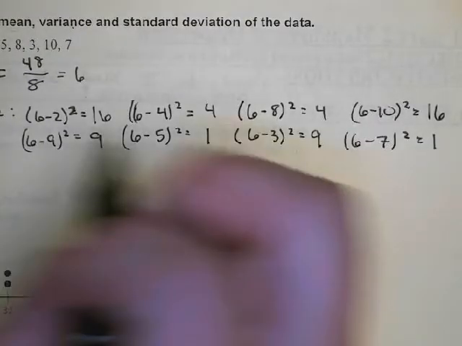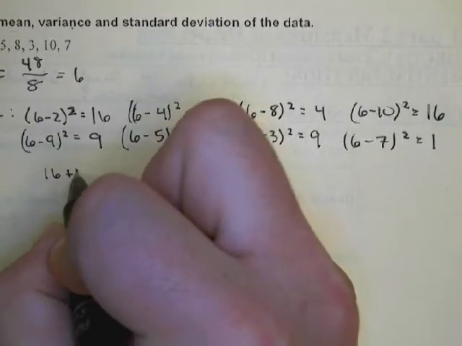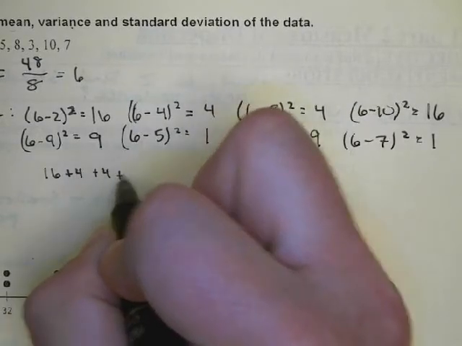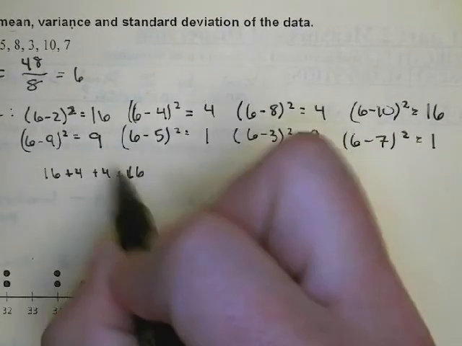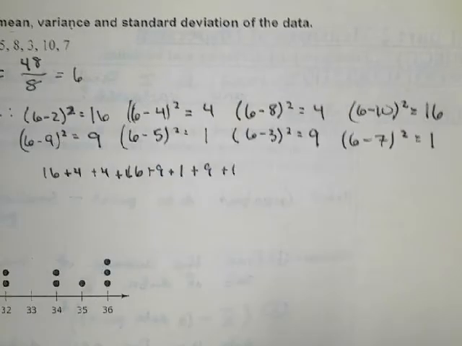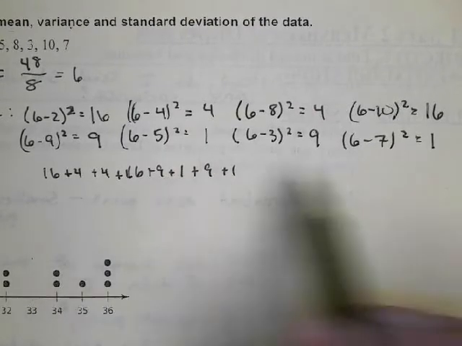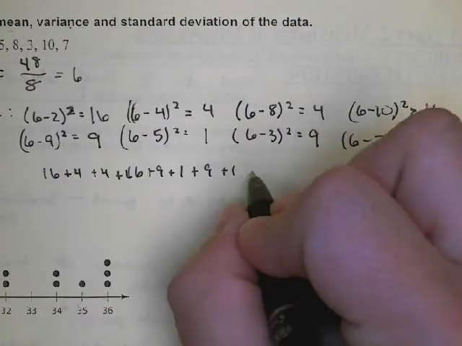So we'll add them all up. 16 plus 4 plus 4 plus 16 plus 9 plus 1 plus 9 plus 1. So I get 20, 40, 50, 60. So that equals 60.